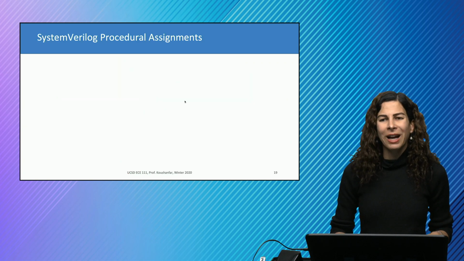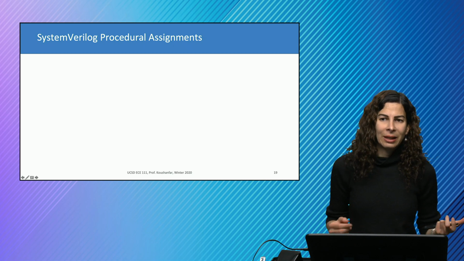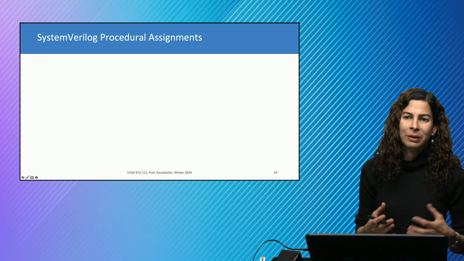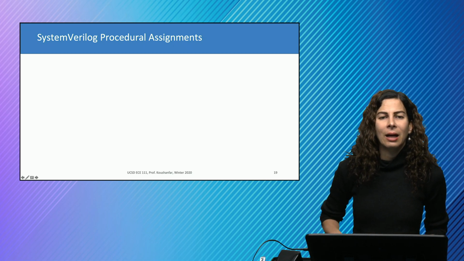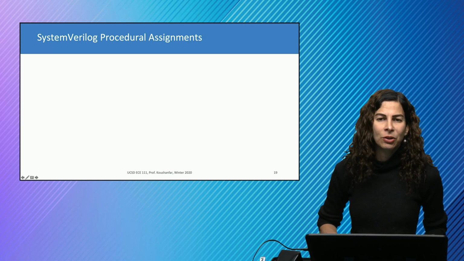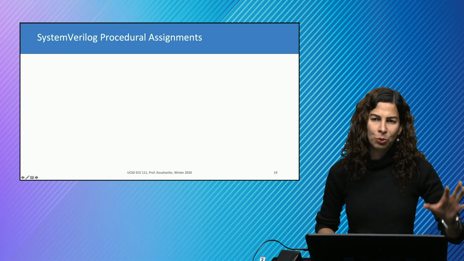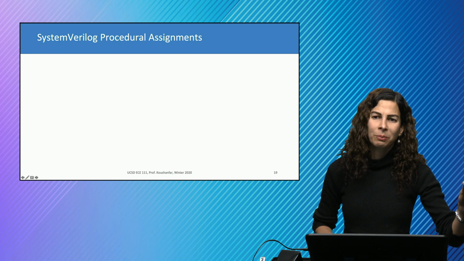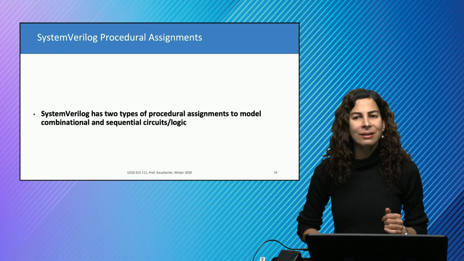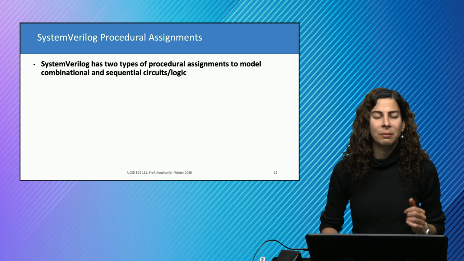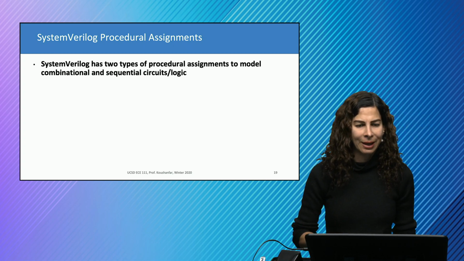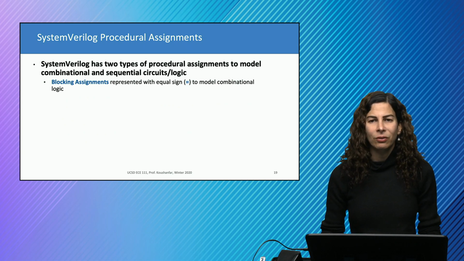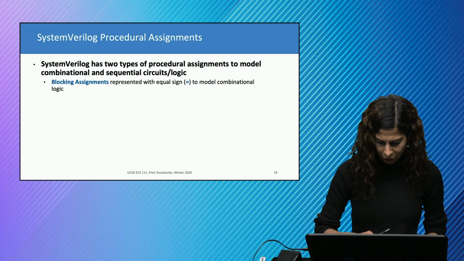Because SystemVerilog is a language we use to describe what is happening in hardware, and to both simulate and synthesize it, we need procedural assignments that tell the difference between a combinational circuit, where your input immediately gets translated to the output no matter when it changes, and a sequential circuit. The blocking assignment models a combinational circuit.